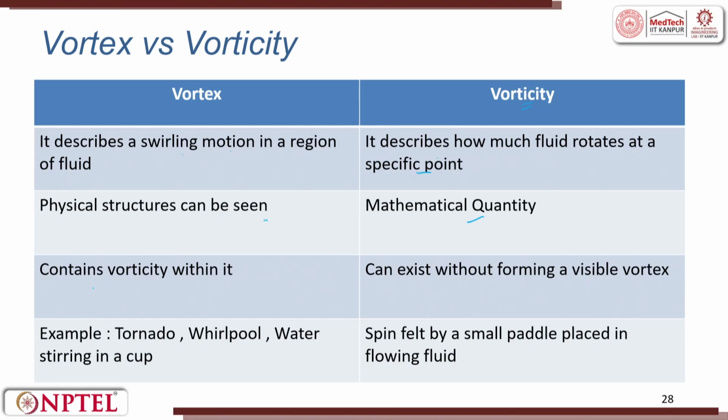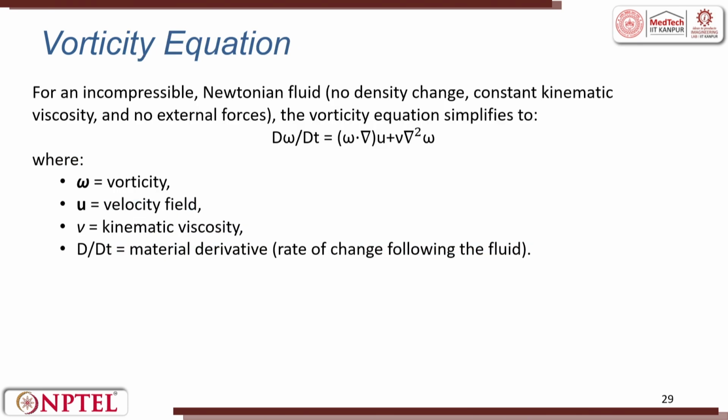It is contained within a vortex, and can exist without forming a visible vortex. So, a tornado, a whirlpool, water stirring in a cup are all vortices. The spin felt by a small paddle placed in the fluid flow is vorticity. So, this shows very clearly the difference between vortex and vorticity.